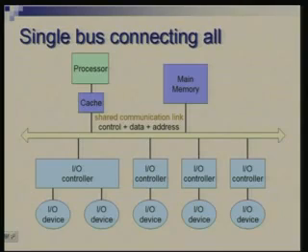These wires would carry different types of information. It could be address, which would be used to select whom we want to talk to, the data which needs to flow in some direction, and control, which will tell what is going on the bus. So, it does the timing, it also indicates the nature of information which is flowing.